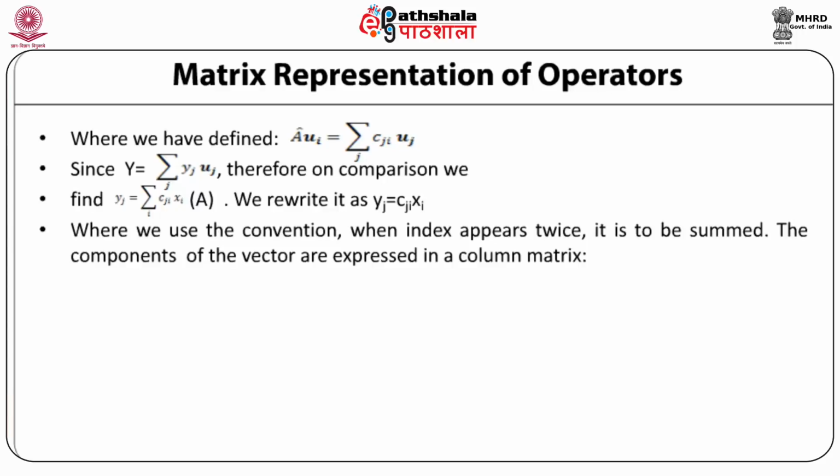The components of the vector are expressed in a column matrix. So the vector x can be written as a column matrix x1, x2, and so on, xn.